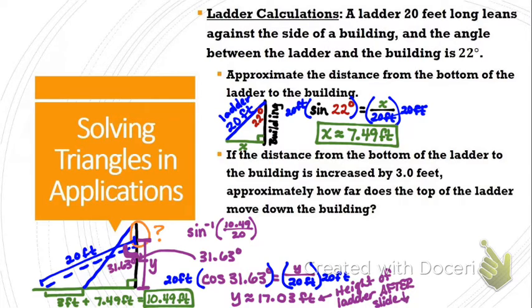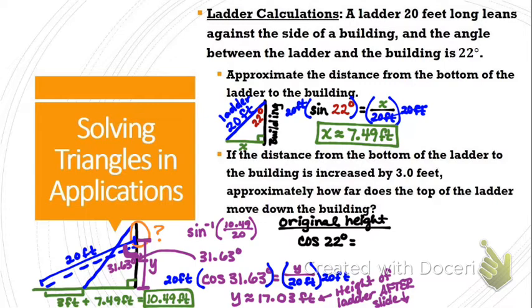How do I find the original height? Because cosine of 22 equals x over 20. Yes. For the original height, we have the cosine of 22 degrees, because that was our original angle, equals, I'm going to call this one h instead of x or y, since I already used x and y for other things.